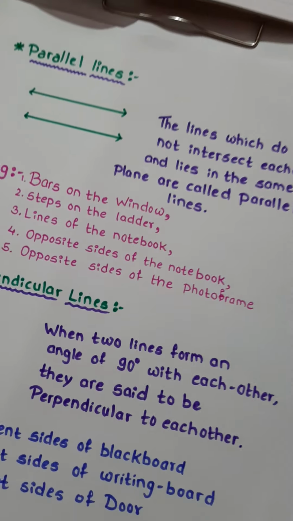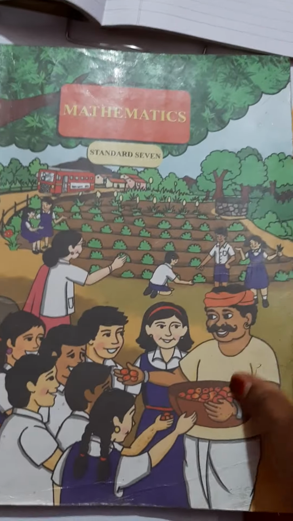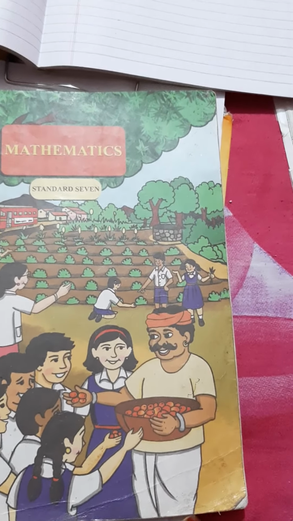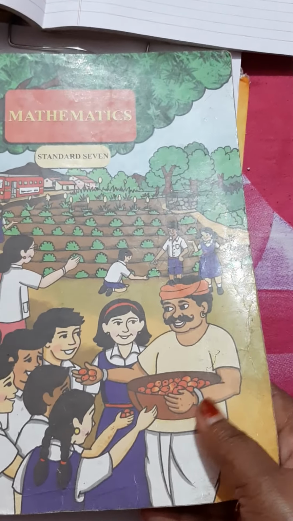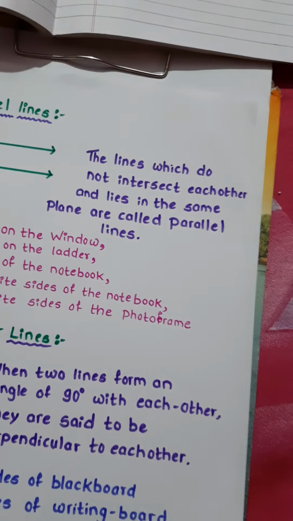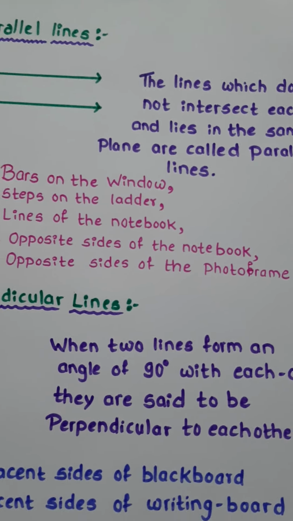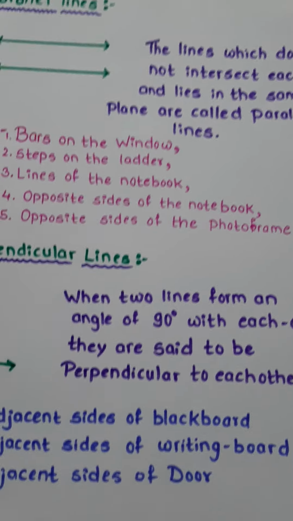You can see so many examples around you also. Look at the textbook. See this side and this side, means opposite sides of the textbook. Any textbook you can take. These are parallel lines. Similarly, here I have written some examples. Bars on the window. You observe in your house.